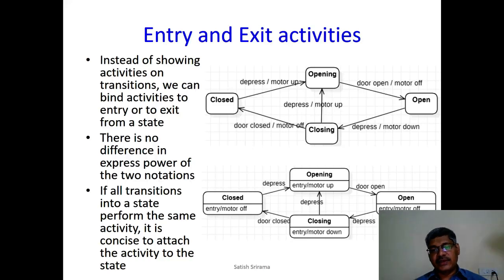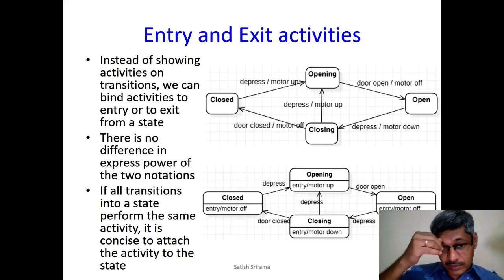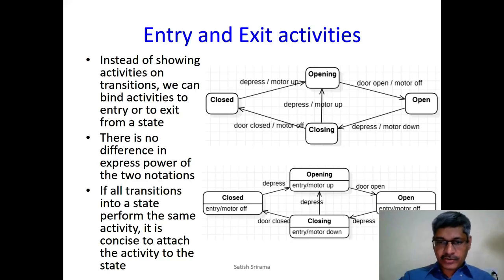Let me give you an example. This is an automatic door which has to be opened, for example in your garage. You press the button and the door closes. You press the button again and it will try to open, when you are getting your car out or putting your car in.